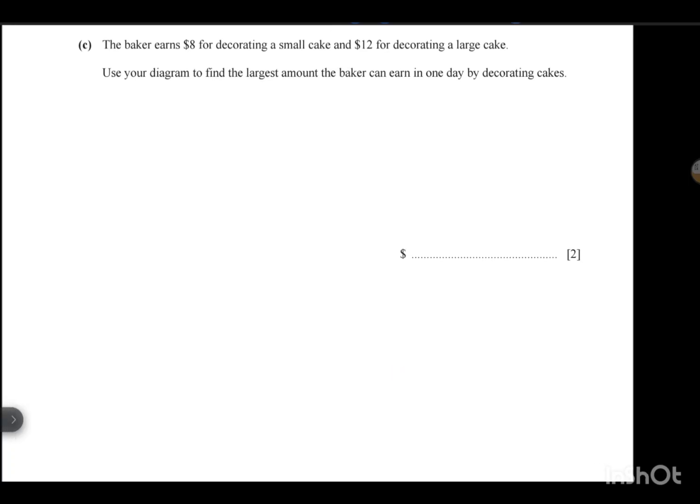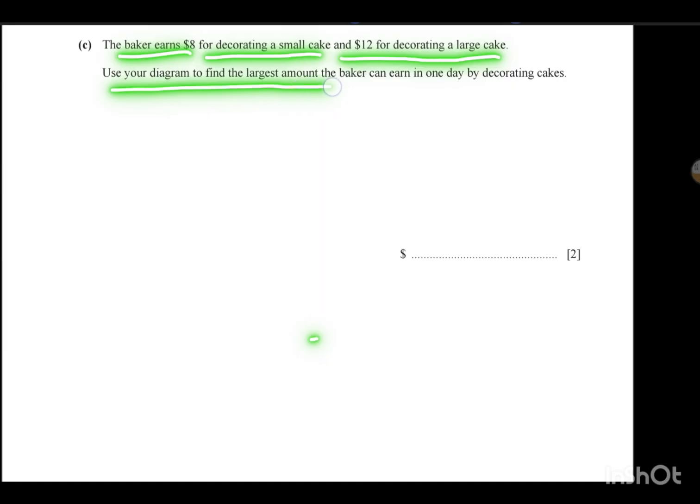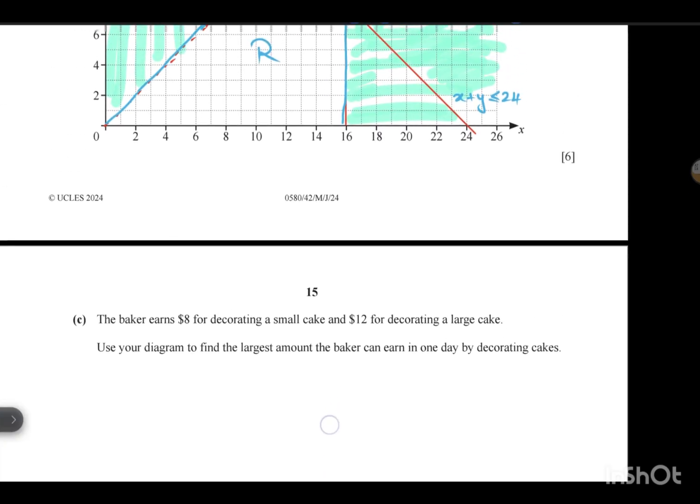Now question C. The baker earns $8 for decorating a small cake and $12 for decorating a large cake. Use your diagram to find the largest amount the baker can earn in one day by decorating cakes. So let us see the diagram once again.